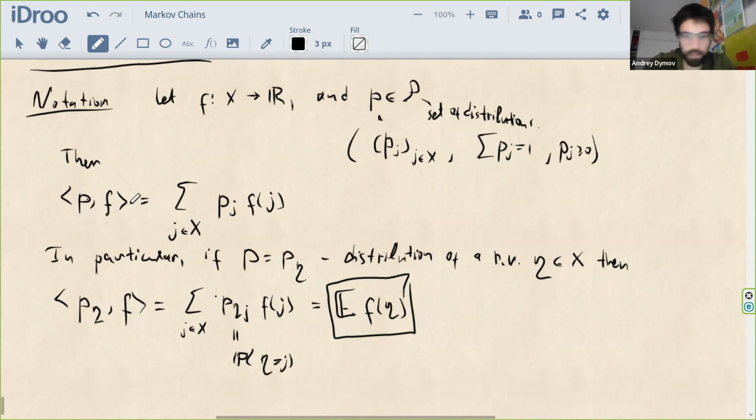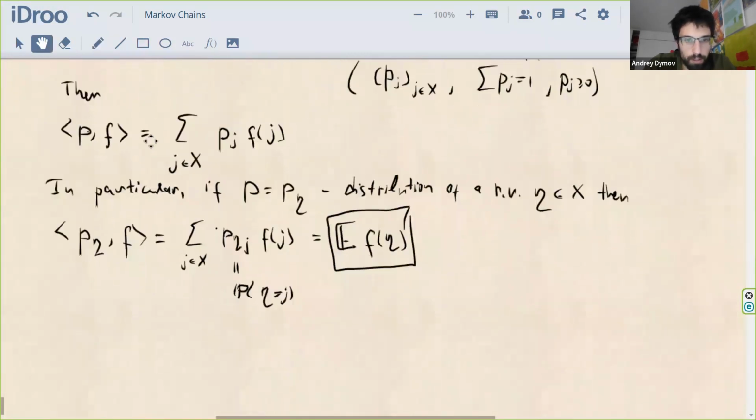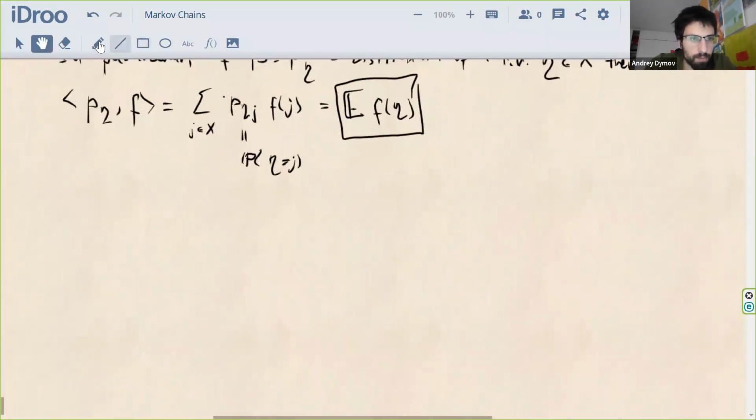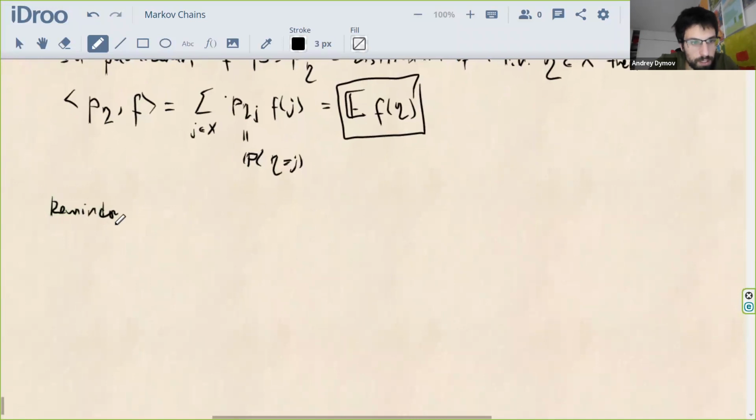So this is a very natural object. Well, the last reminder before the formulation of the theorem, about the last lecture.